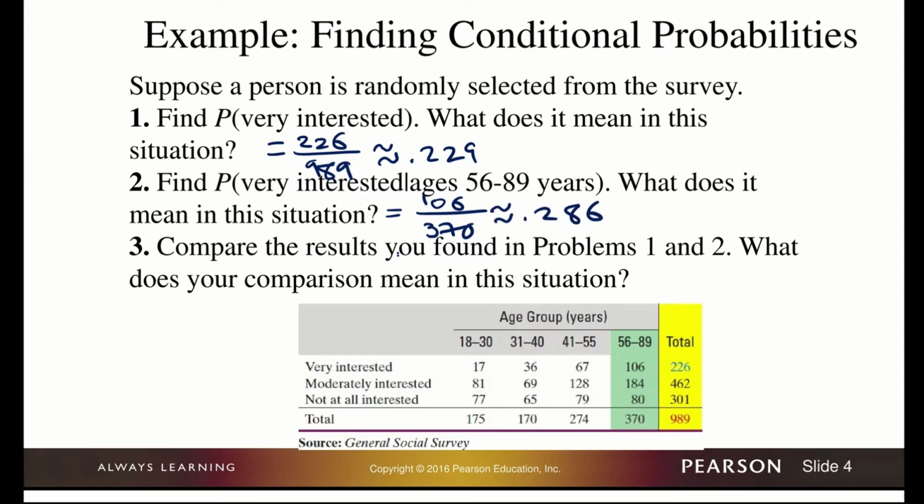So what does a comparison of these two results tell us? Well, it tells us that if we were to randomly pick a person out of the whole group, the probability that that individual is very interested is a smaller probability than if we were to pick only out of the 56 to 89-year-old group.